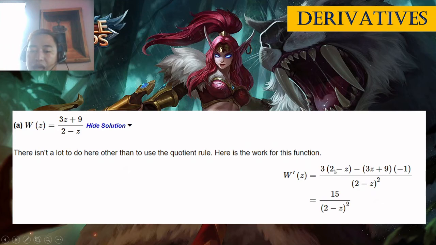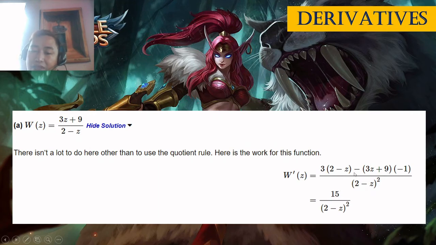Okay. 3 times 2, over pa class, over pa nato sa g, then squared siya, g of x squared. So, g of z squared yun din. Over 2 minus z squared. Okay. Plus naman. So, 3 times 2 is 6. 6, then plus 9 is 15.